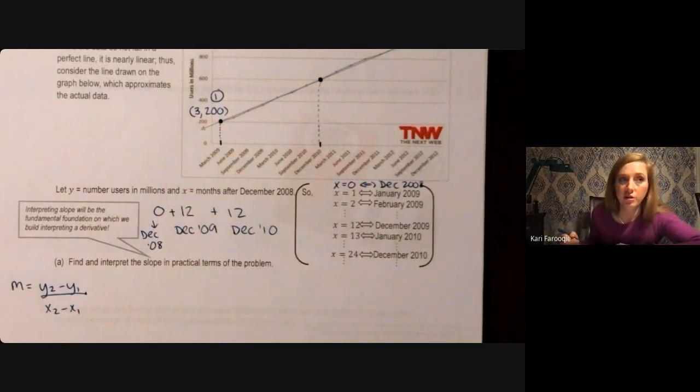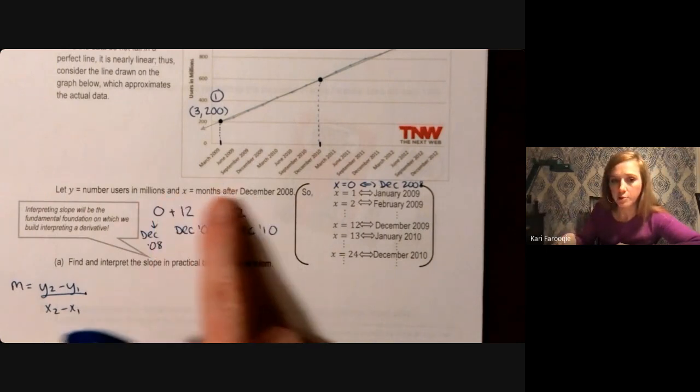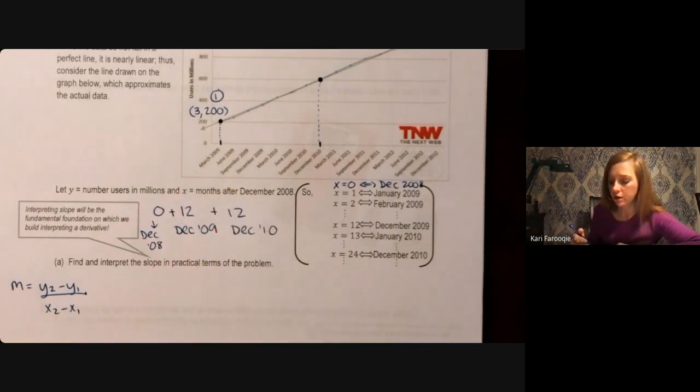If we accidentally thought that x was measured in years, we'd have a problem finding these correct values. So it's really important that we understand that x is just months after December 2008. And you're going to see a lot of variables defined this way, where you're comparing the value after this amount of time. So this is a very common way of defining our variables.